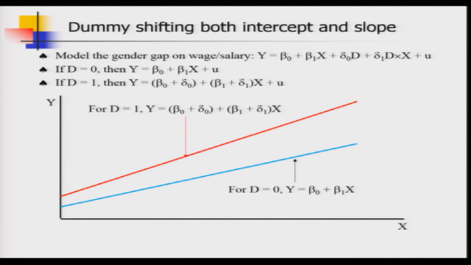So, we have studied this case of gender bias or wage discrimination in the labor market through diagrams, but a diagram is a diagram. You are assuming, actually not assuming certain values of delta naught and delta 1, you are assuming that they are both positive.